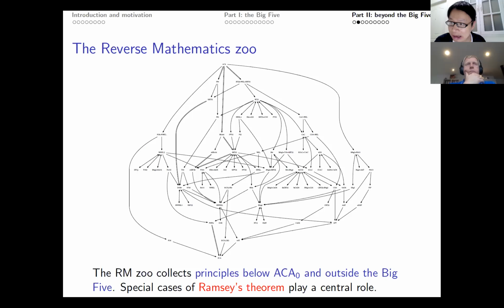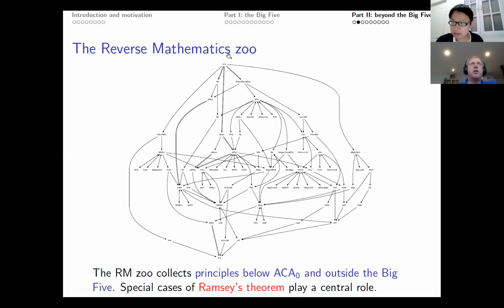There are some examples of things that fall in between, but not so many. And sometimes it very much depends on the formulation. There are some famous examples by Antonio Montalban, which are part of what is called hyperarithmetical analysis.